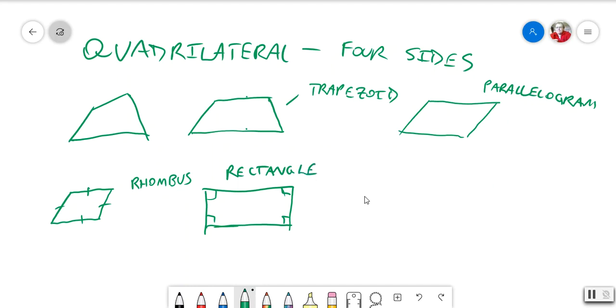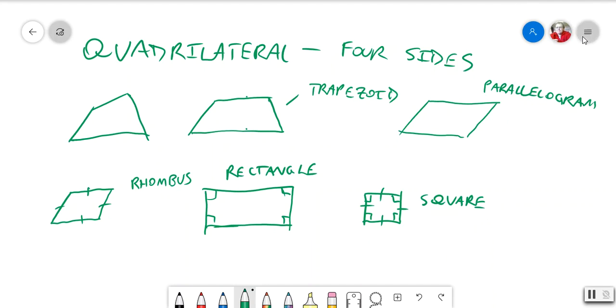And if you have a rectangle where all 4 sides are the same, of course, that's what we call a square. And a square is also a particular form of rhombus too. Okay.